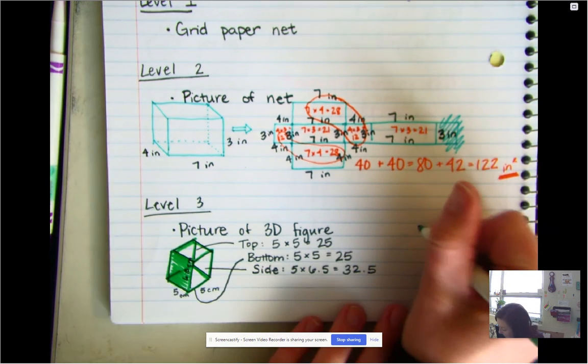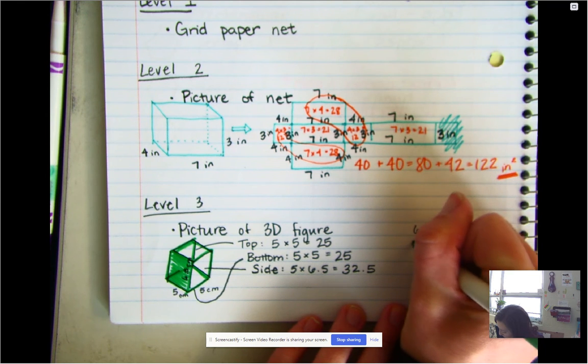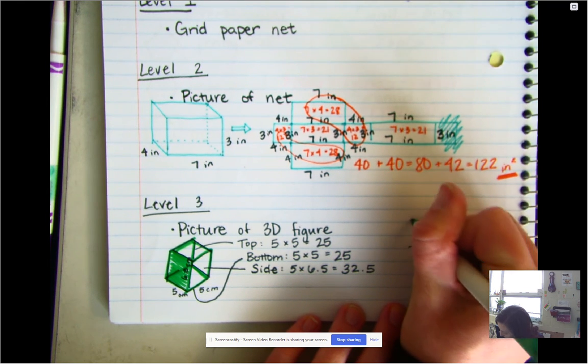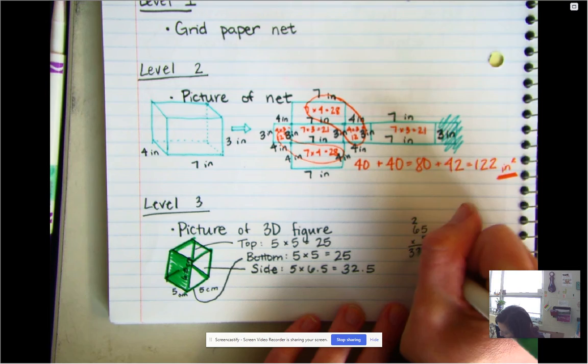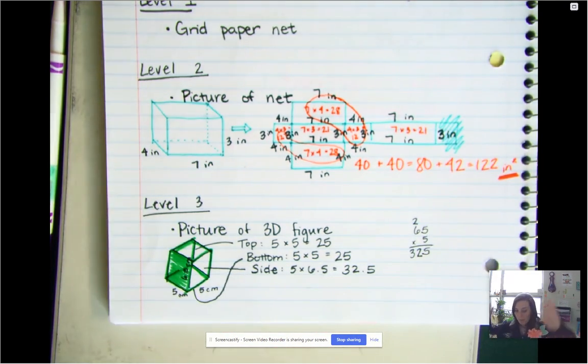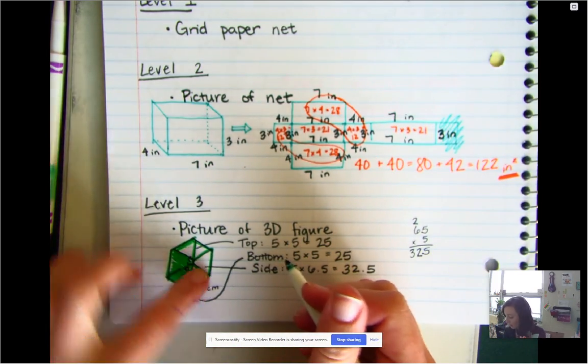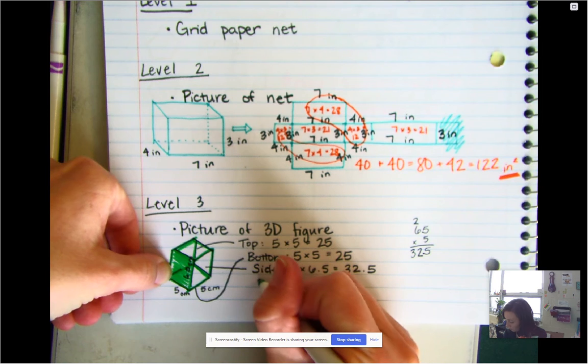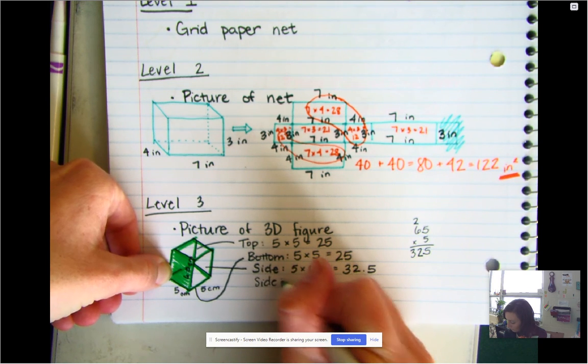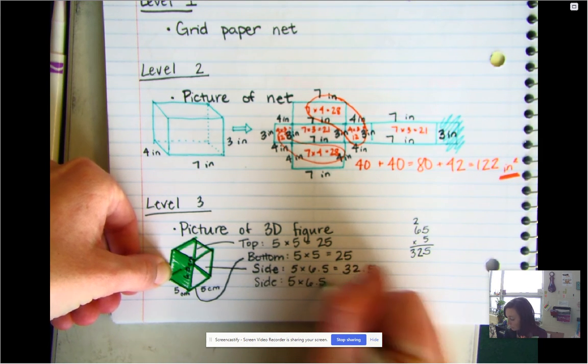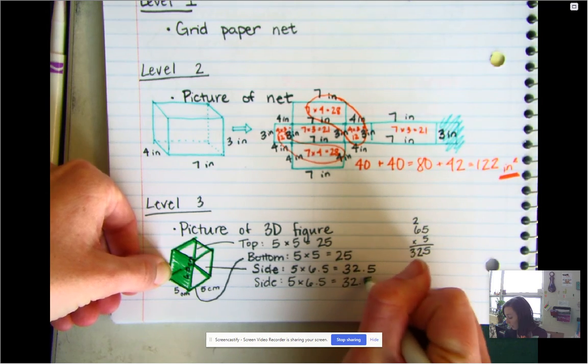Here's how I can test. I pretend the decimal's not there. I multiply, and then I put the decimal that many places in. Hey, I was right. Whoop, whoop. All right. Now this side is 32.5. Guess what? The next side is also 5 times 6.5, so that one's also 32.5.